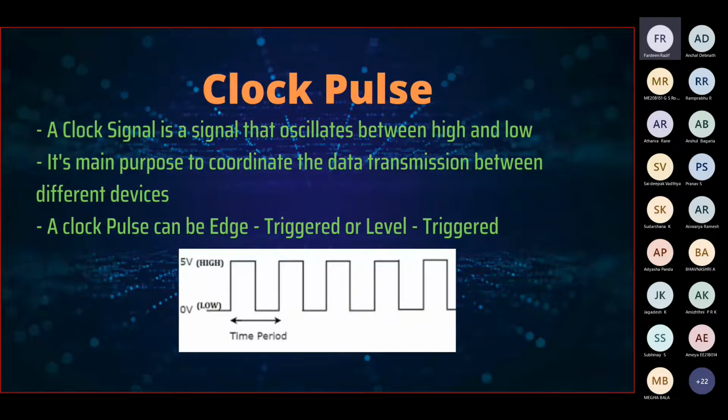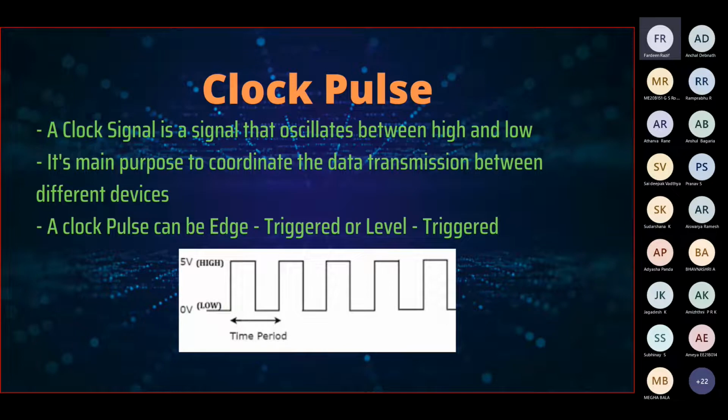Okay, now clock pulse. I told earlier that UART is asynchronous, and asynchronous means there is no clock pulse. So now I'll show you what a clock pulse actually is. As you can see in the diagram, there is a signal. It oscillates between low and high states like this.